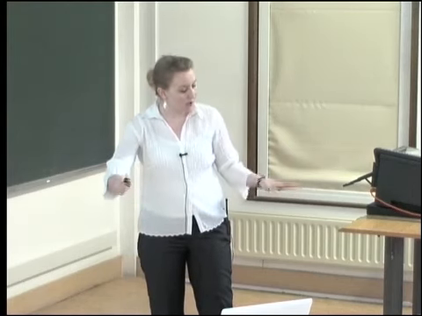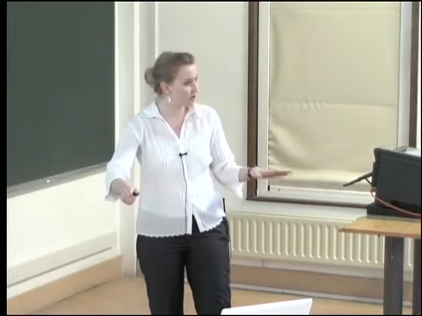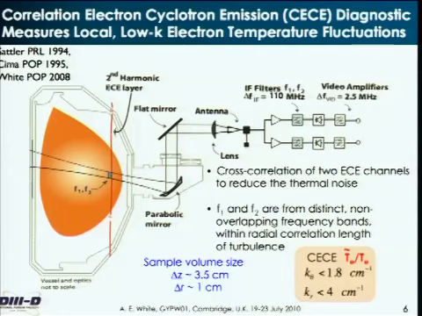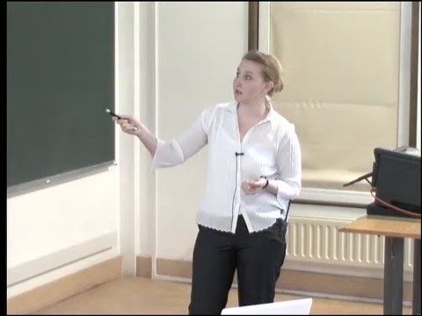In order to measure the turbulence, it was developed in the mid-90s that if you take two radiometer channels that are incoherent with respect to the intrinsic thermal noise and correlate them, you can extract information about the fluctuation levels and spectrum. We make the thermal noise incoherent by selecting two very closely spaced but disjoint frequency bands to make the measurement over.